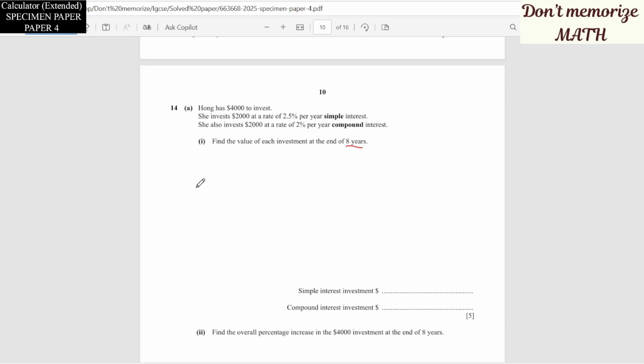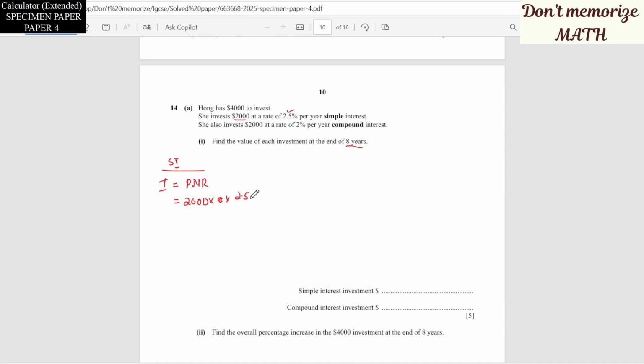Okay, let's find out. First, they have given simple interest. So first find the simple interest value after 8 years, and then the total amount. We can find the interest using the formula PNR. P is the principal amount she invested, 2000, times N, the number of years, 8, times R, the rate, 2.5.